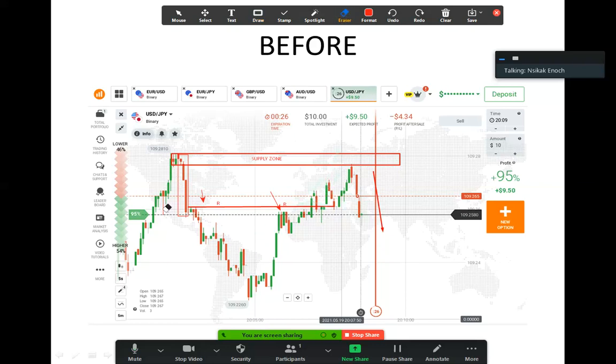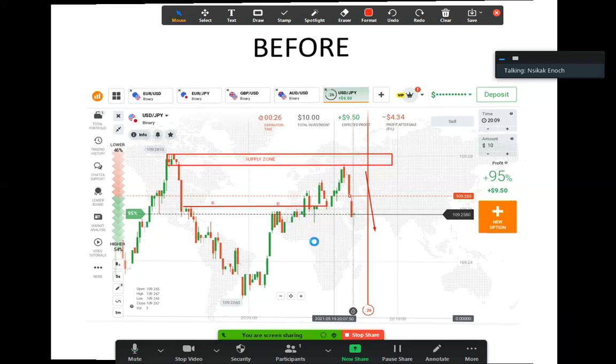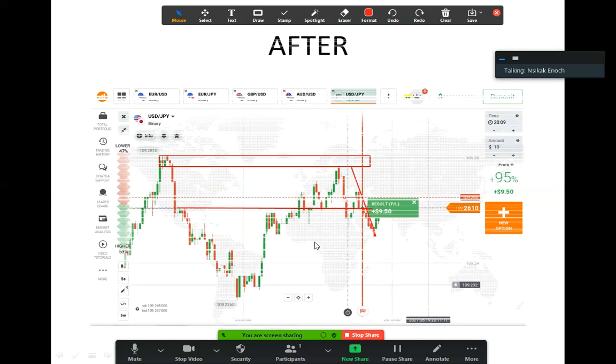When the price hit the supply, I did not check the chart immediately, so I entered late, but I still won the trade. If I had taken a 2 minute expiry time, I might have lost the trade, but I used a 1 minute expiry time. So this is the first trade.